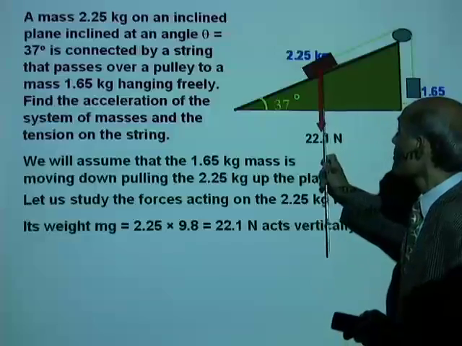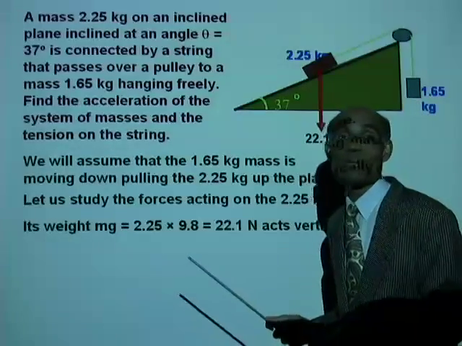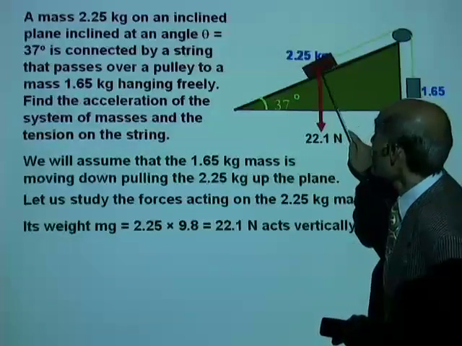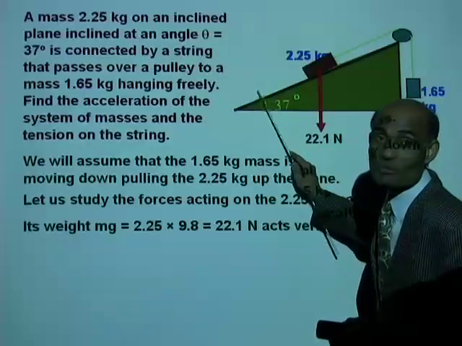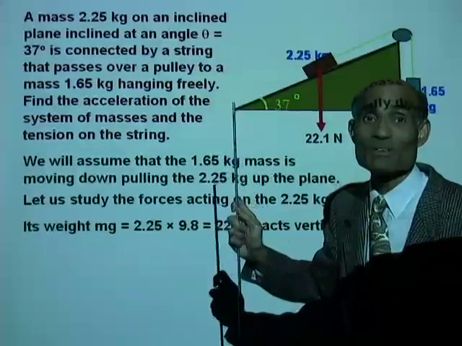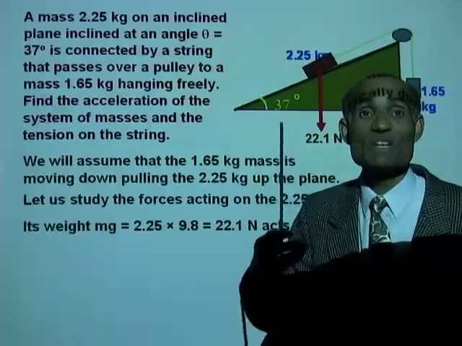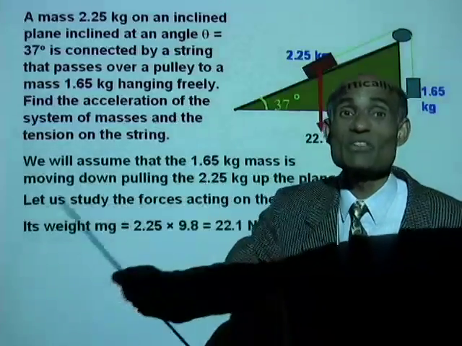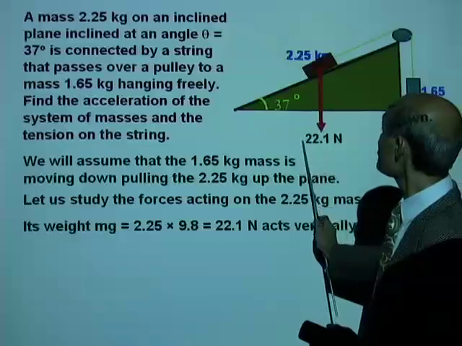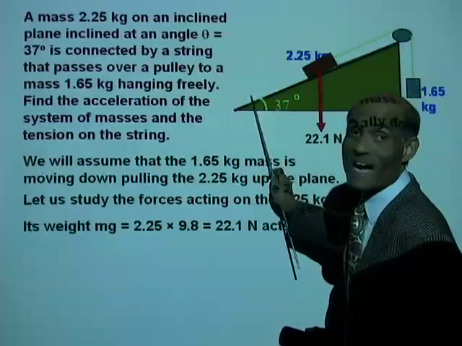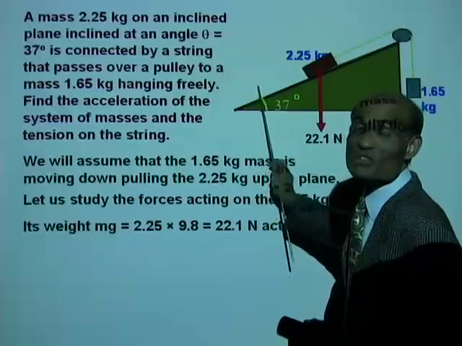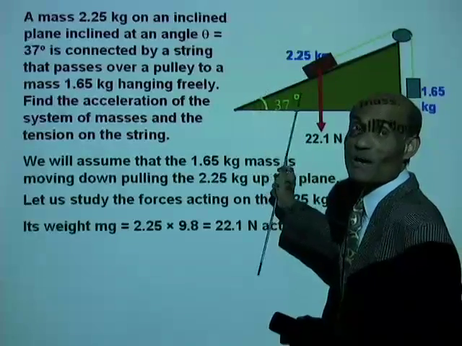The moment you mark the weight, you must know a component of this weight will be pulling the box down the plane. What is that component? That component is mg sine theta. Mg is 22.1, so 22.1 sine 37 is the force pulling the box down.